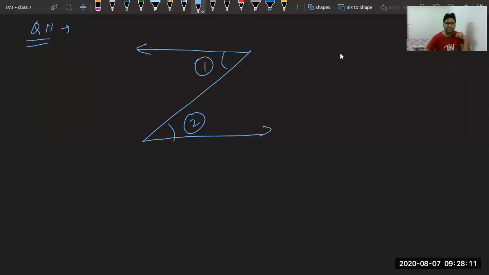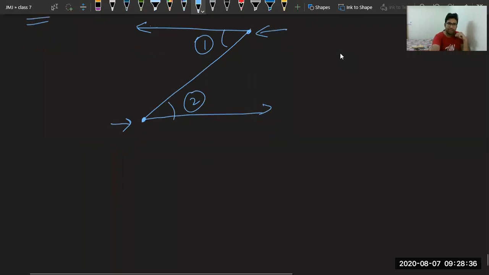We cannot say they are adjacent because the first requirement to be adjacent is a common vertex. Angle 2 has this vertex, angle 1 has this vertex. They have different vertices. That is why it is no. The reason is because they don't have a common vertex. That is why they are not adjacent angles.